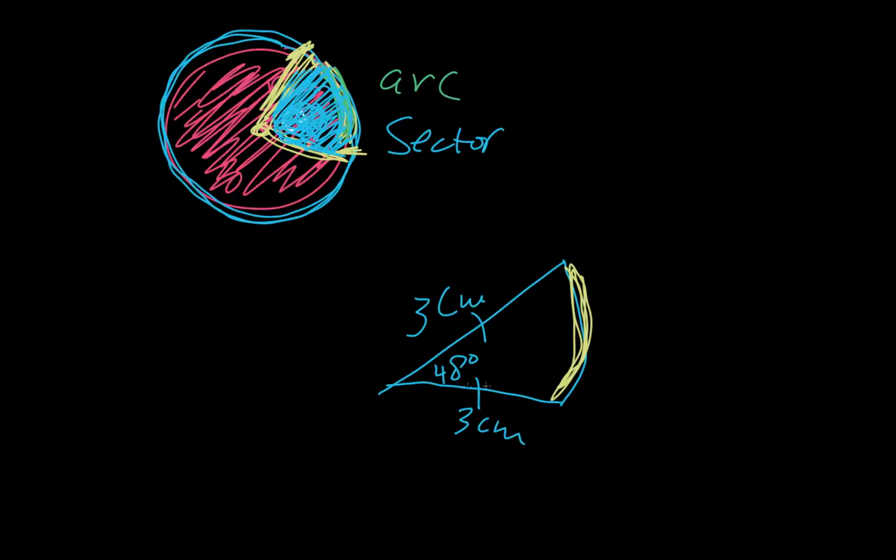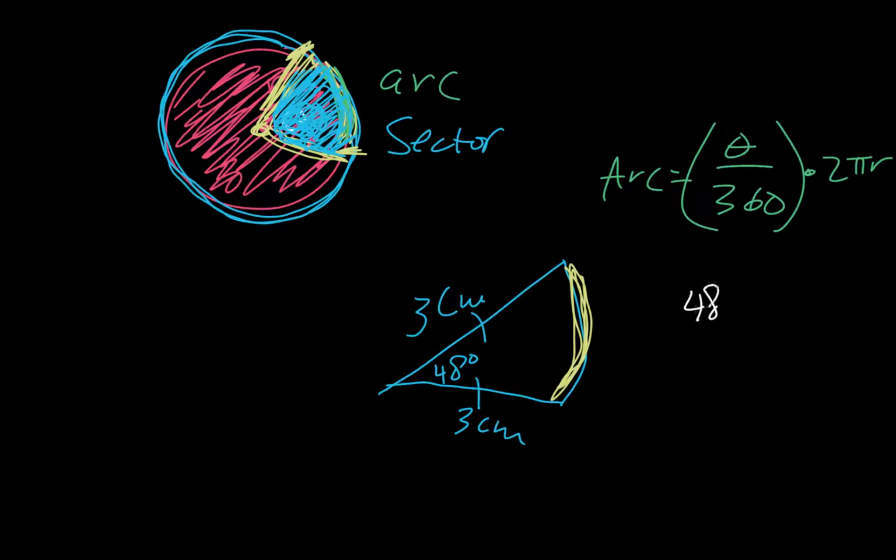Since it's given in degrees, we're going to use the arc length formula that they give us on the previous page. And it's theta over 360 times 2 pi r. Okay, so our theta is 48. It's over 360. 2 times pi times r, which is 3.